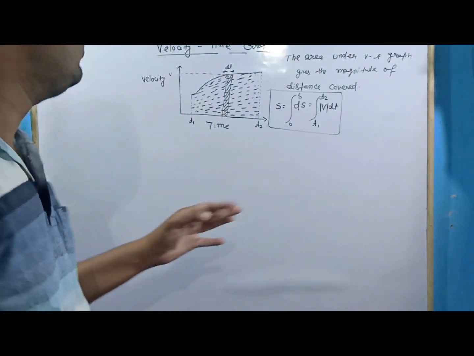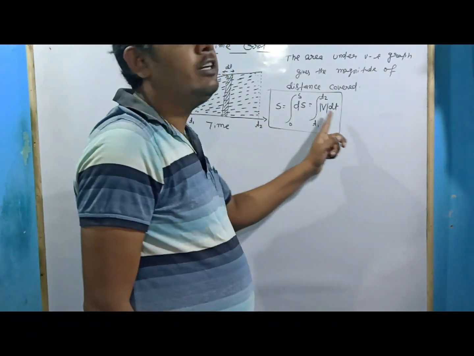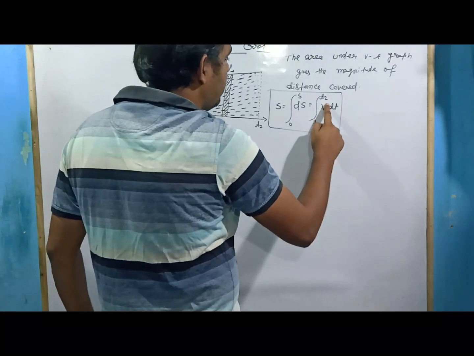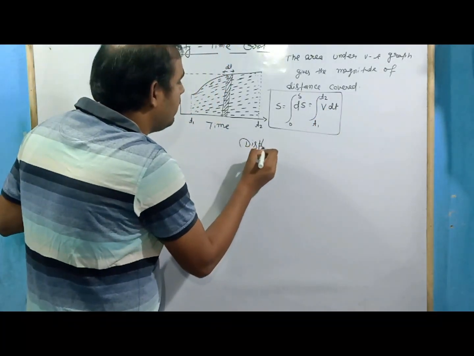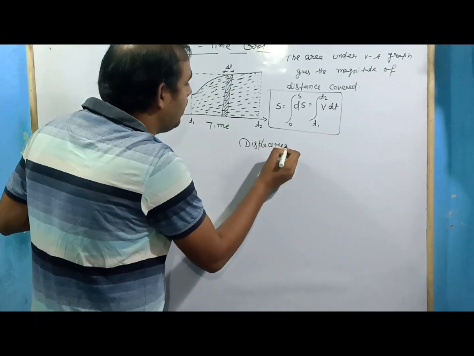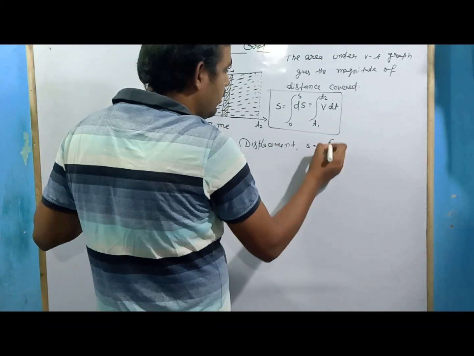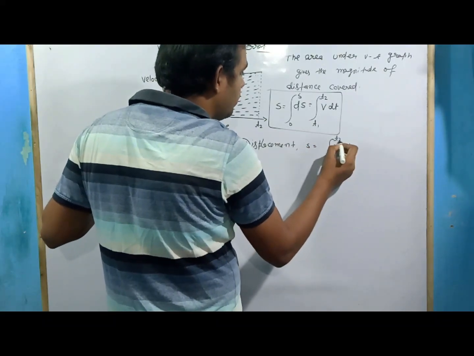So based on the situation, if I have to find the displacement, I will take simply v dt, and if I have to find the distance, let me write this down. Displacement under the VT graph can be calculated by displacement s equal to integration of v dt from time limit t1 to t2.